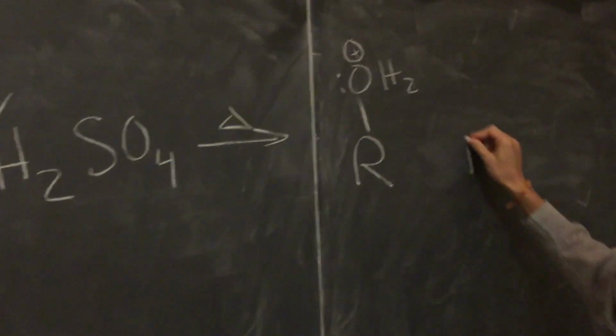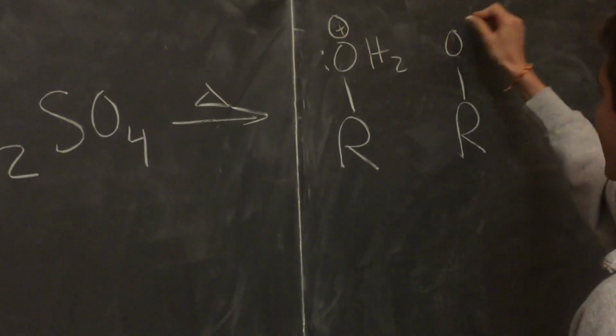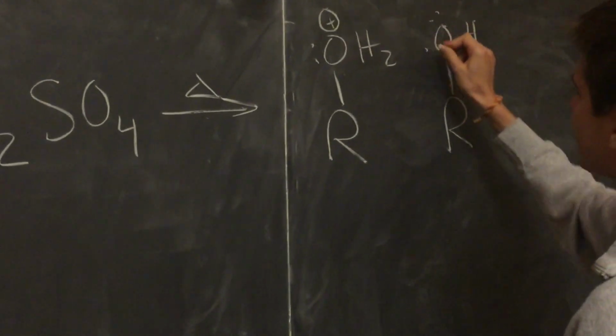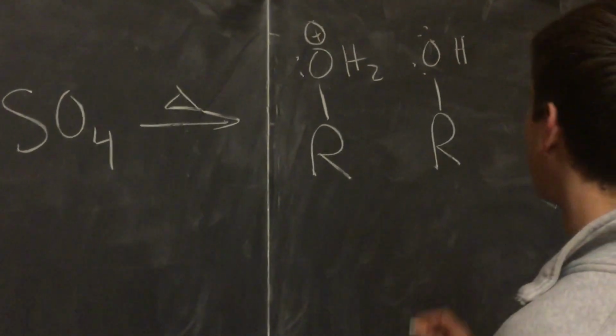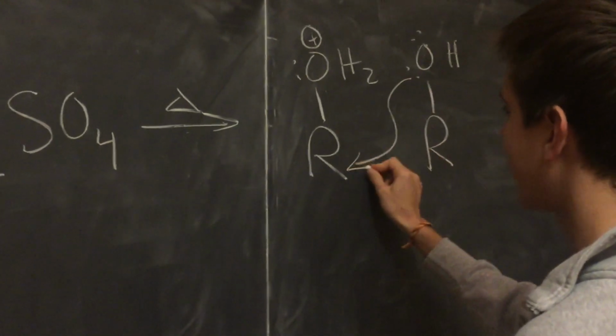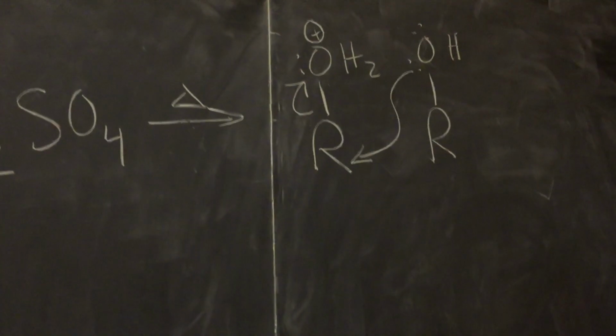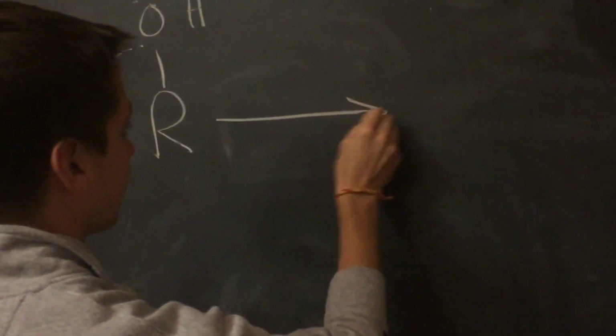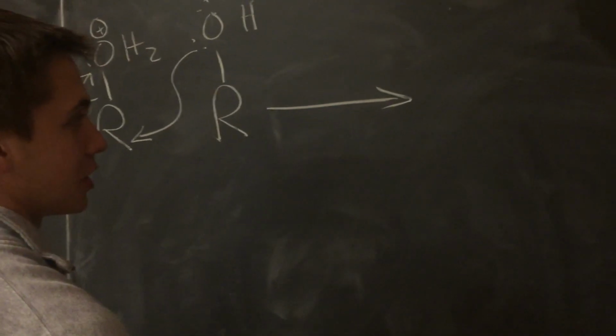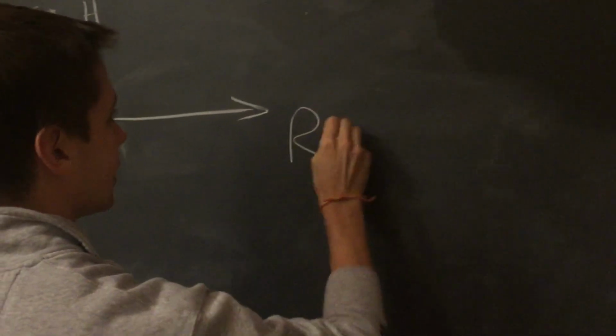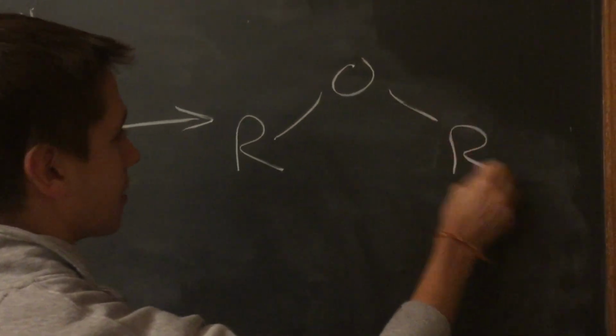And next, in a concerted SN2 reaction, a second molecule of your primary alcohol will nucleophilically attack your R group. The OH2, which is now a good leaving group, will leave, and what you are left with after deprotonation by a polar solvent is a symmetrical ether.